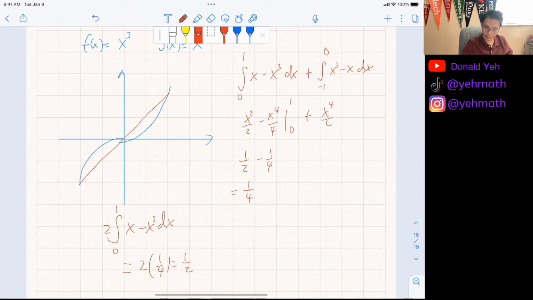Or you can do it this way: x to the fourth over 4 minus x squared over 2, between 0 and -1. And this part is going to be plus.